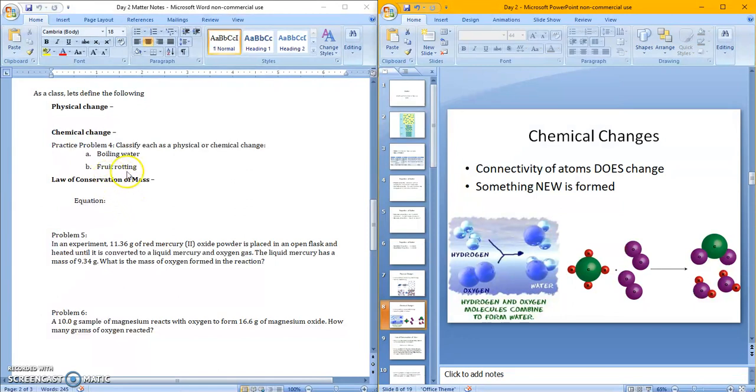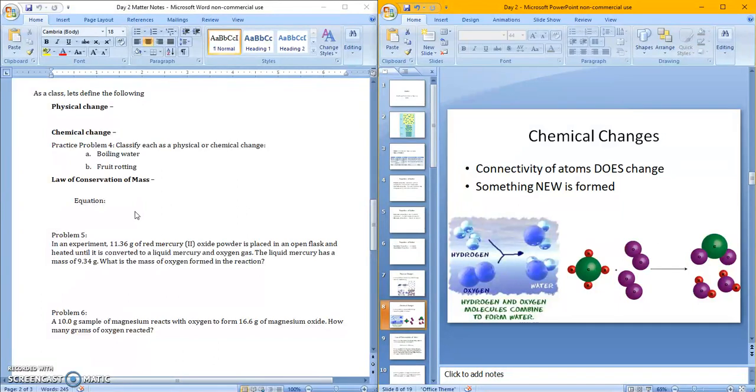Whereas fruit rotting, I have this nice, yummy peach, and as it starts to rot, it starts to release that lovely odor, right? That odor is of the gas that is new to you. So smell is a great way to see if something new is happening because you can smell the new chemicals being made.